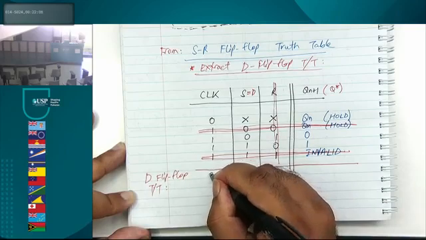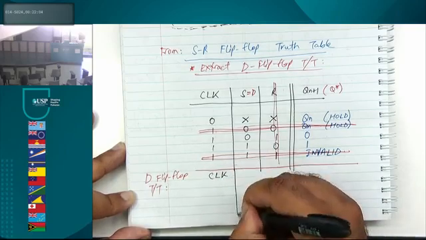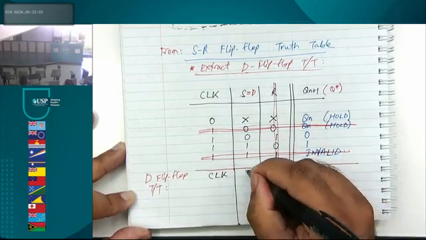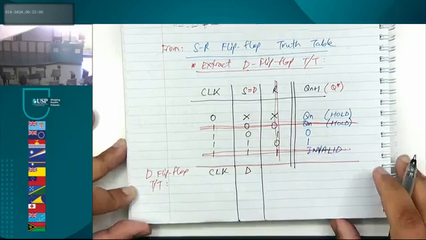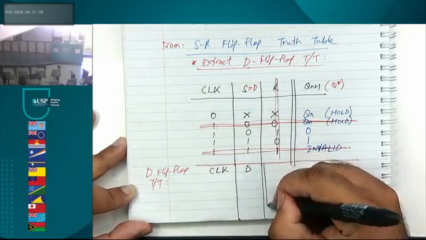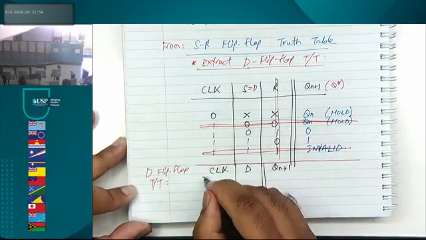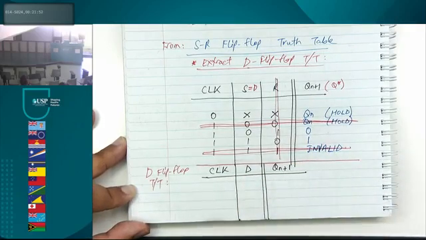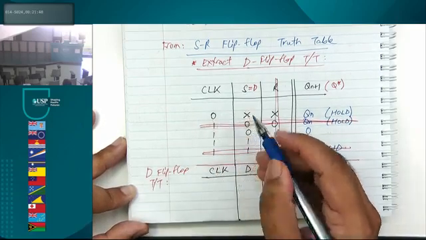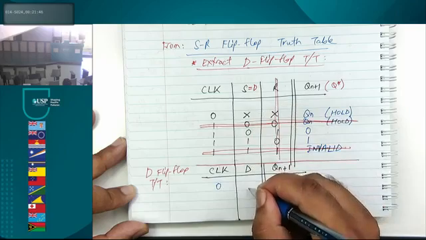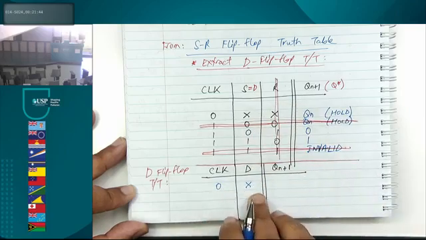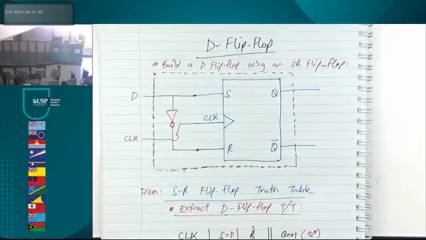We have a clock, we have D, any other inputs, guys? No more inputs. And we have Qn plus 1. All we've got to do is copy paste from the top. Clock is 0, D is X. If clock is 0, we already know from our earlier learning that everything just switches off.